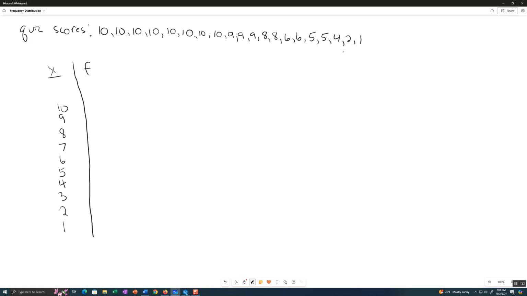What I'd like to do first is a tally. So I'll make a tally column here first. I'm just going to erase this f and put tally here. Tally's not really part of the table, but I'm going to make it so that I can keep track.